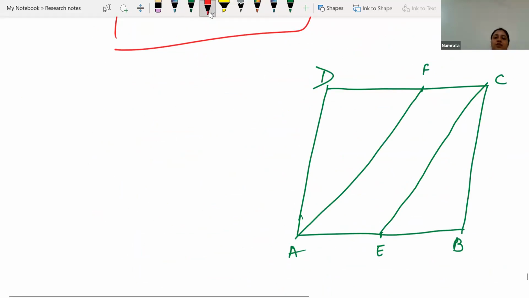We wanted to prove that the diagonal BD is getting trisected by these two lines AF and EC. The diagonal BD is getting cut in three equal parts.